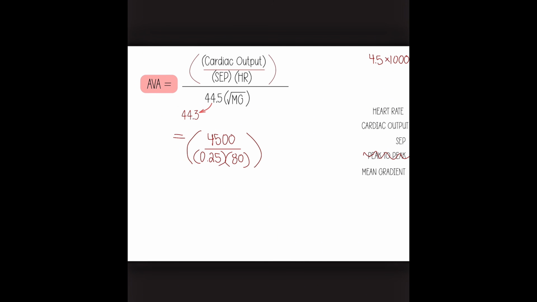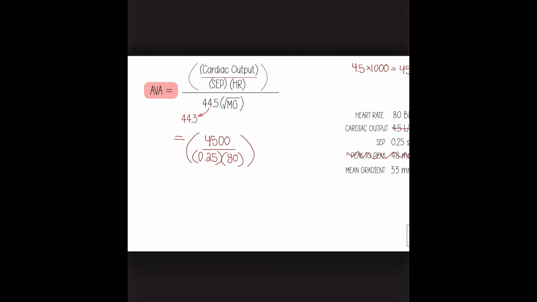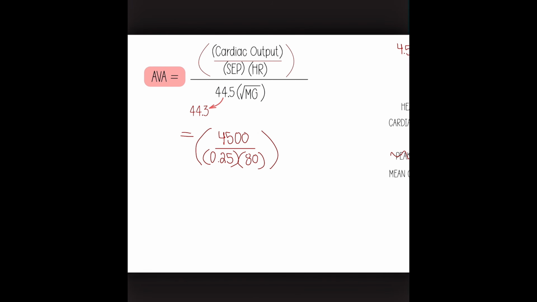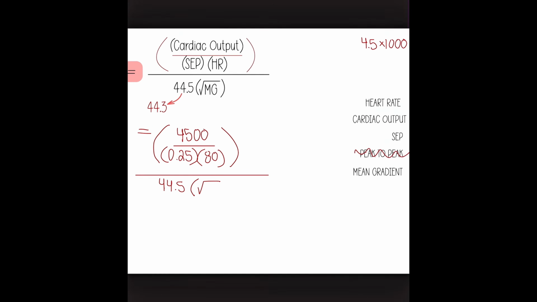Now, if you've ever heard of AO flow or mitral valve flow, that is the numerator, the first top number of this. So when you calculate this top portion, technically you're calculating AO flow. If you've just seen that variance in this formula, that's what it is. And then 44.5 times the square root of, what was the mean gradient? 33.